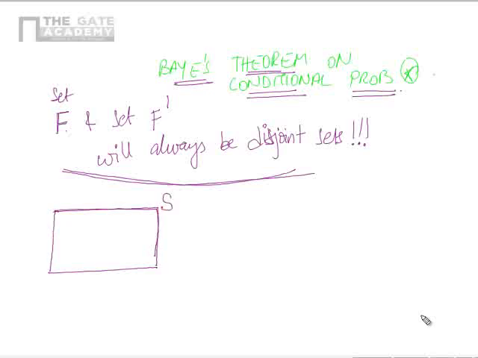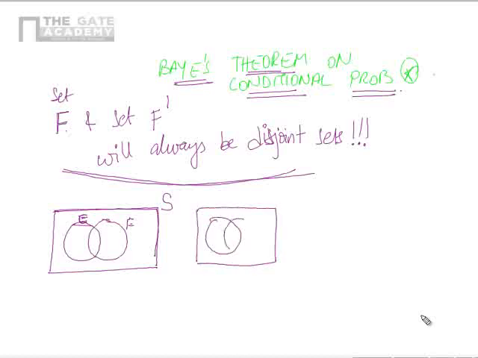Let me say this is my sample space. This is E, this is F. Then I'm going to draw the same figure repeatedly. You will see the meaning in what I am doing shortly.